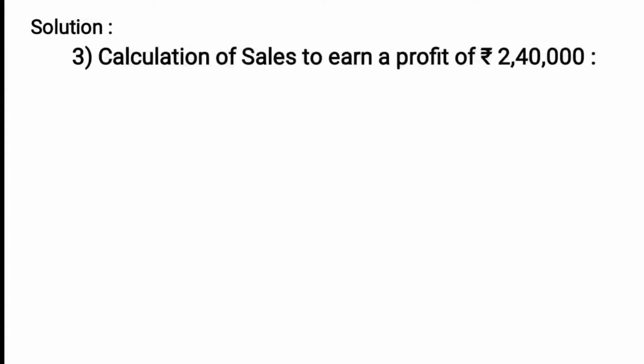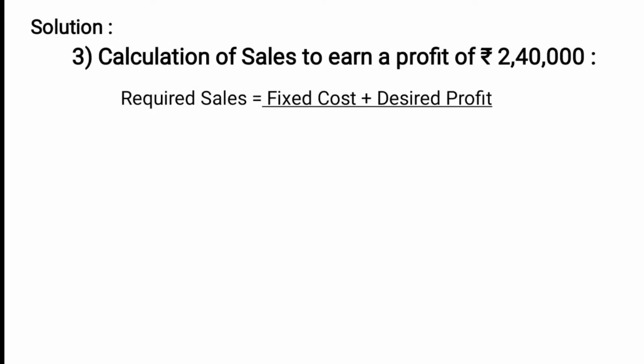Third, calculation of sales to earn a profit of rupees 2,40,000. So required sales is equal to fixed cost plus desired profit divided by PV ratio.